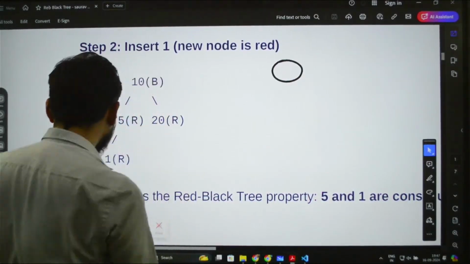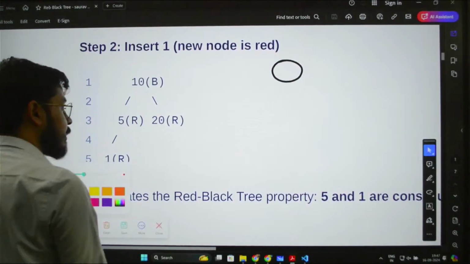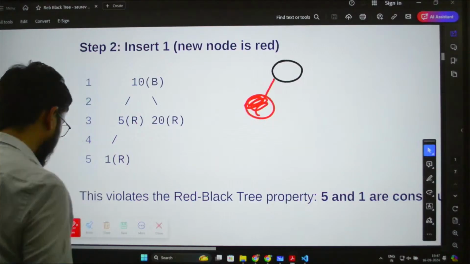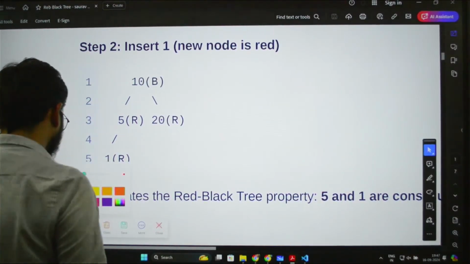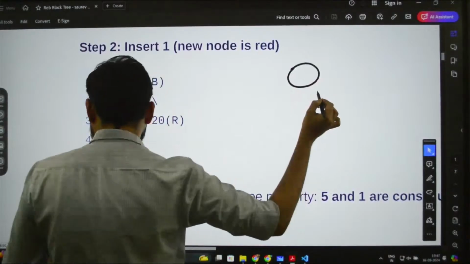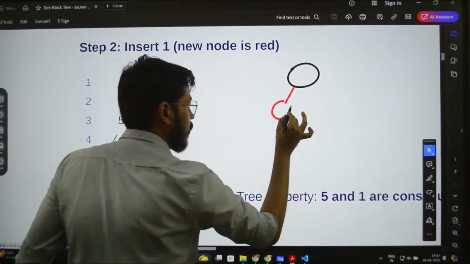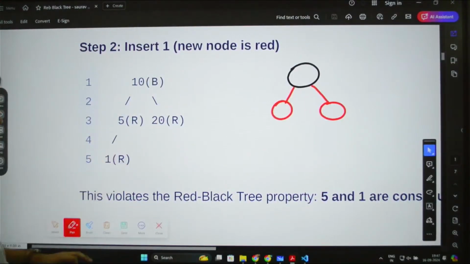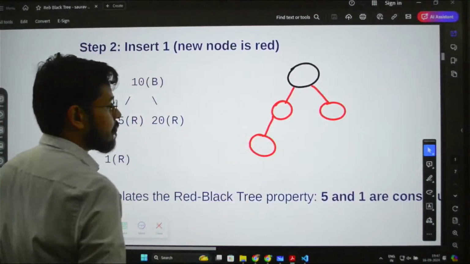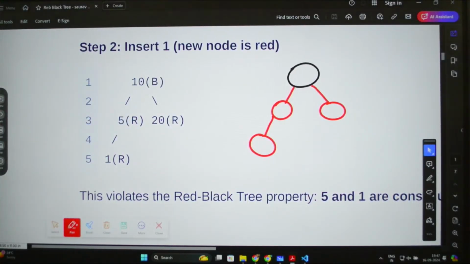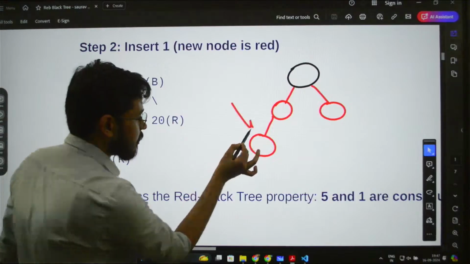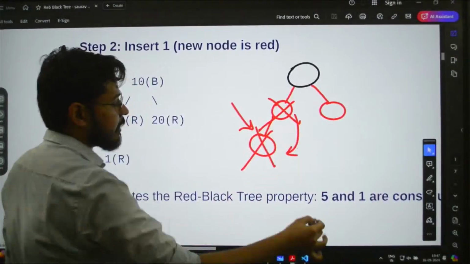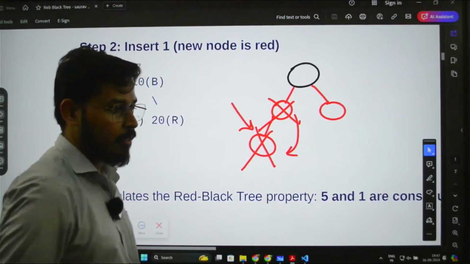Then the next node is red, and then here also the next node is red. Red, and one more red came right here. I hope this is very much clear. So this is a violation. This cannot happen. This is not possible. Red cannot have a red child, as we have understood from the very beginning.